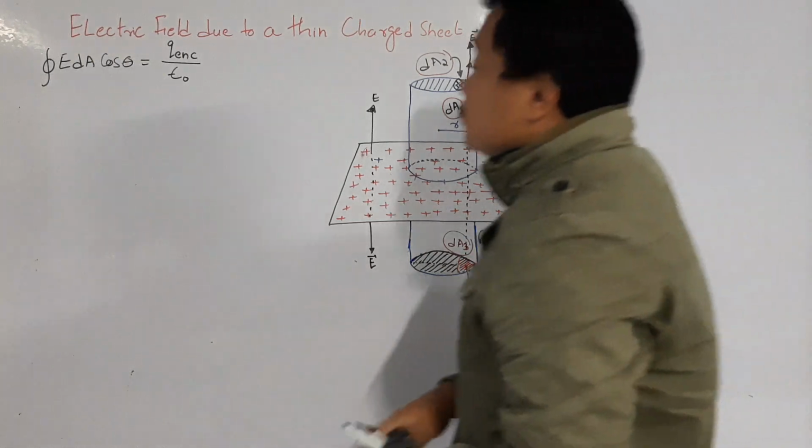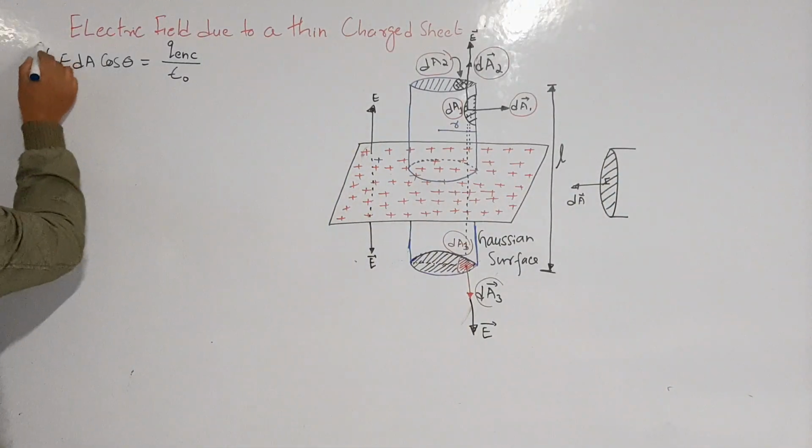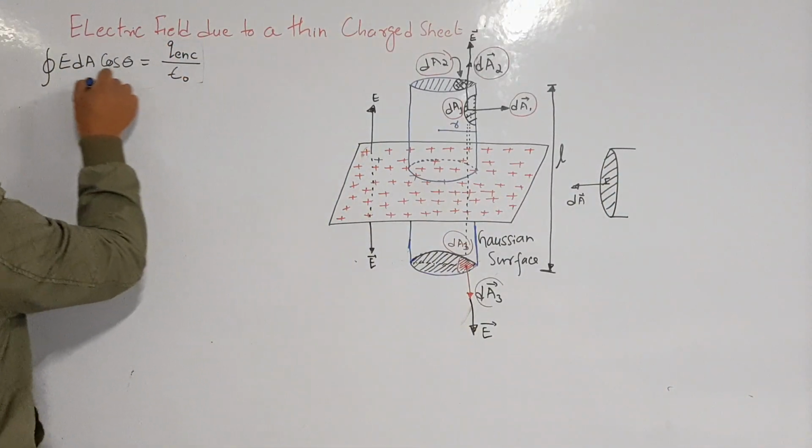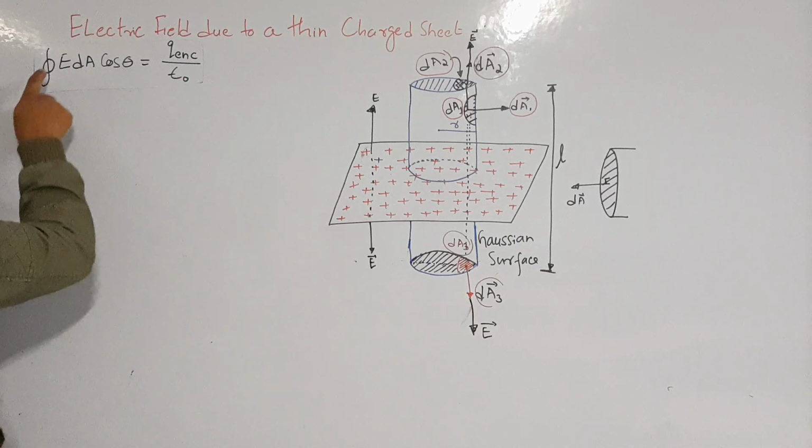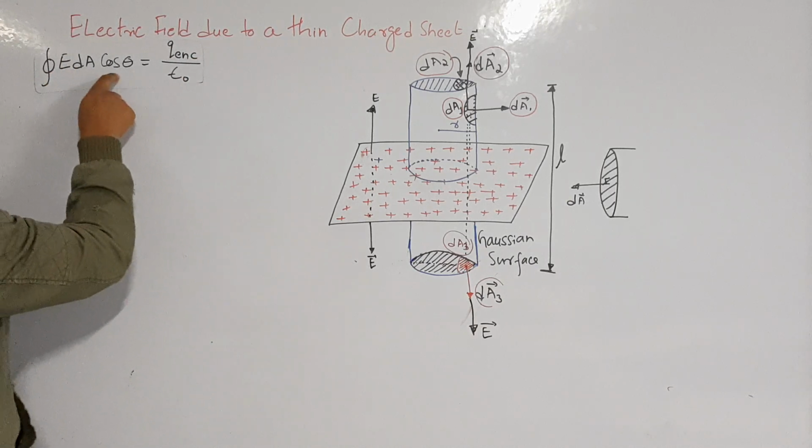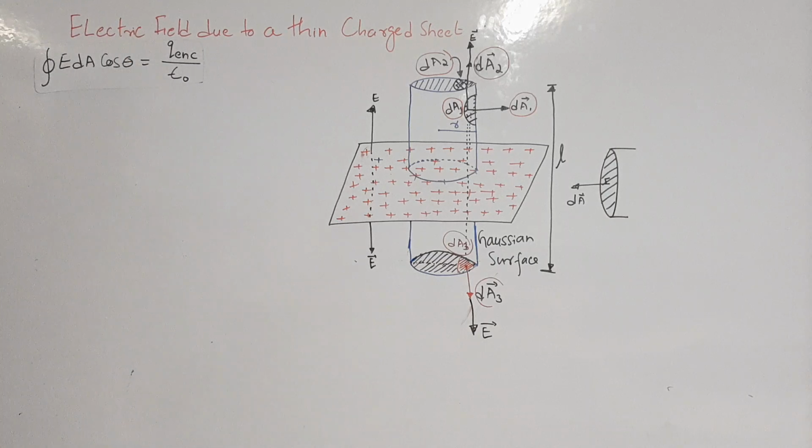Three surfaces. So this is the Gauss law: integral over the closed surface of E dA cos theta is equal to the charge enclosed divided by epsilon naught.